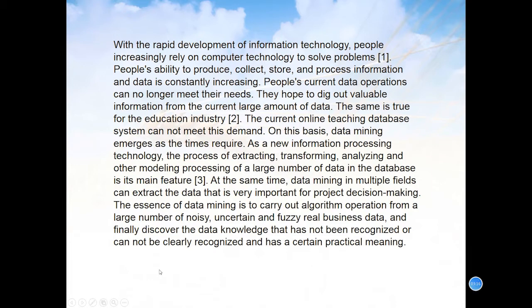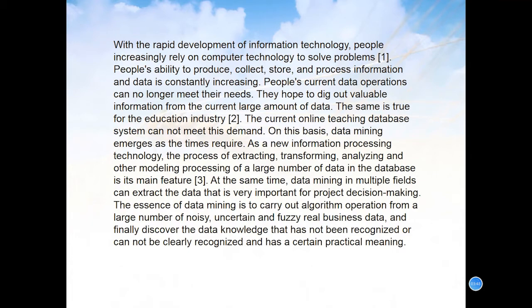The process of extracting, transformation, analyzing, and modeling a large number of data in a database is its main feature. At the same time, data mining in multiple fields can extract data that is very important for project decision making.